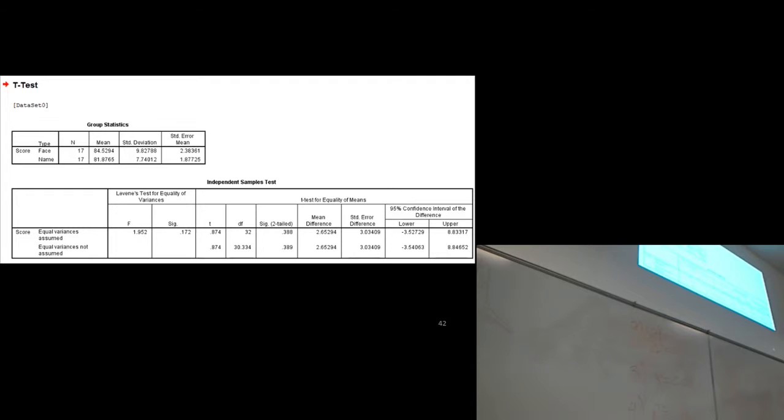First thing we want to do, go to that top table and check to make sure you entered your data correctly. When I was copying and pasting just now, I put too many people in the face group. I caught myself before I went to the analysis, but just in case I didn't, that would show up here as having 18 people in the face condition and 16 people in the name condition.